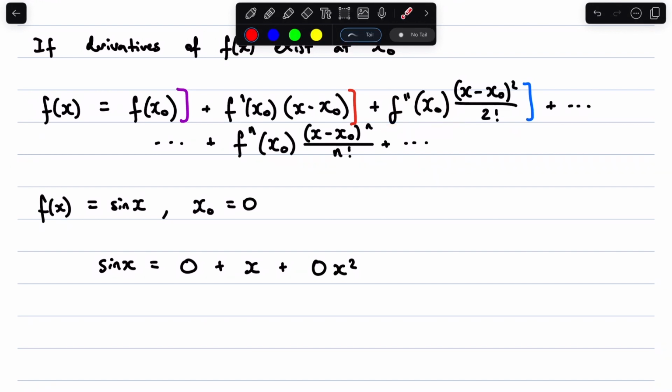It's going to become minus sine x, and minus sine of x naught is going to be 0.